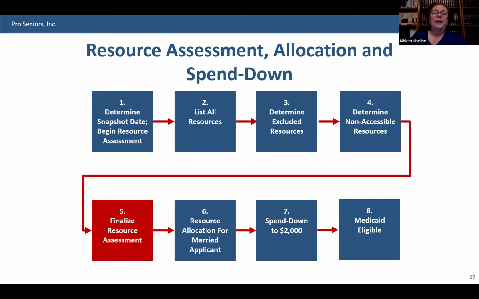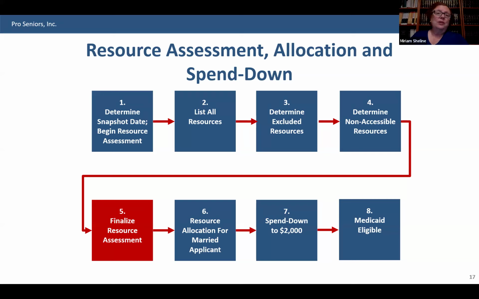So that could be 6 months prior, but it is not the date of application. It is essentially the date they went into the nursing home, or the date they apply for PASSPORT services. So we figure that date.